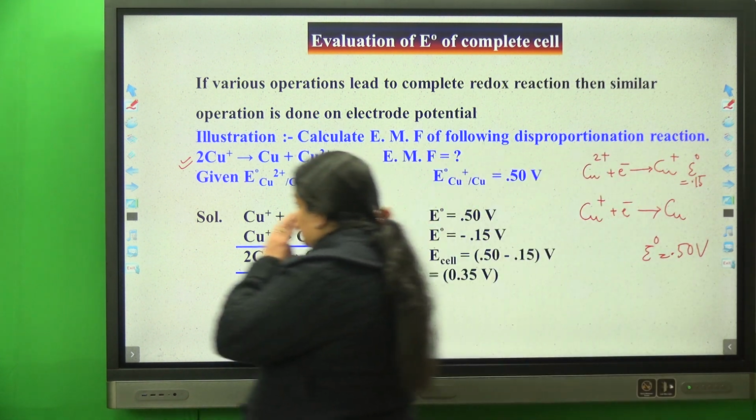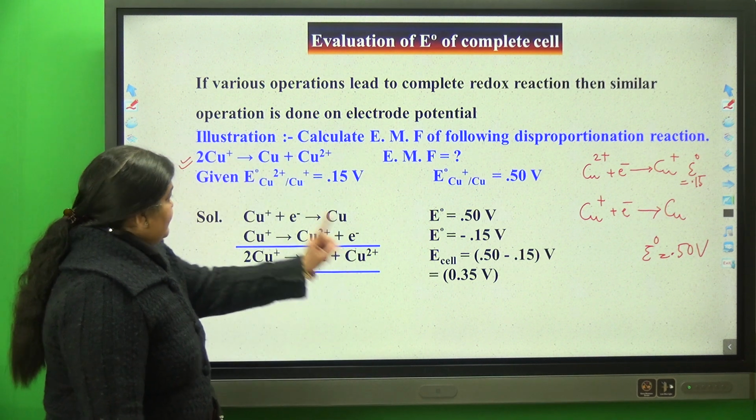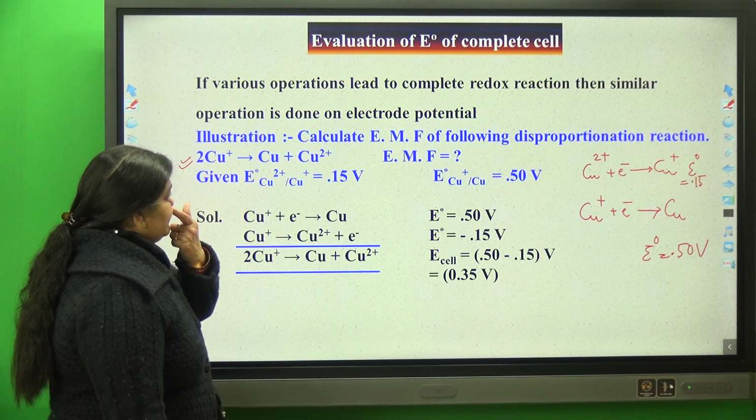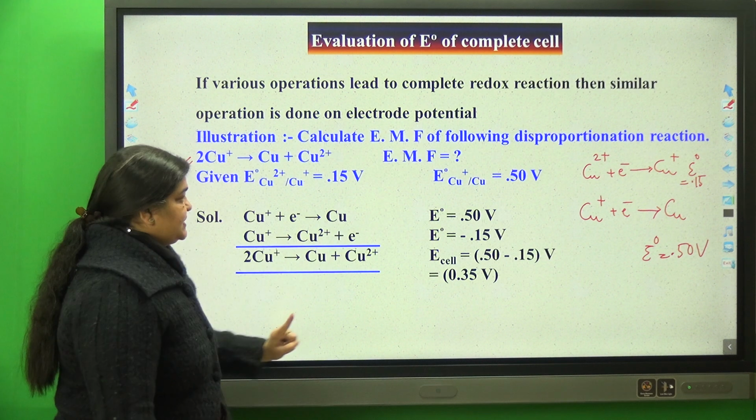Now, as we know what we are given and what we have to find, we want two copper + on the same side. It means we will have to reverse the first equation.